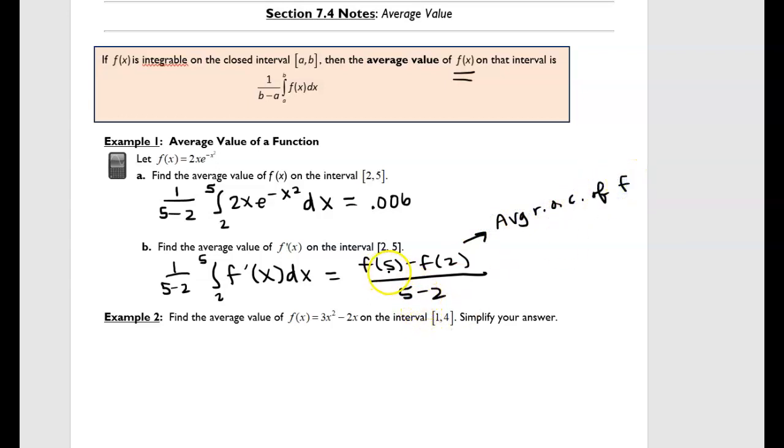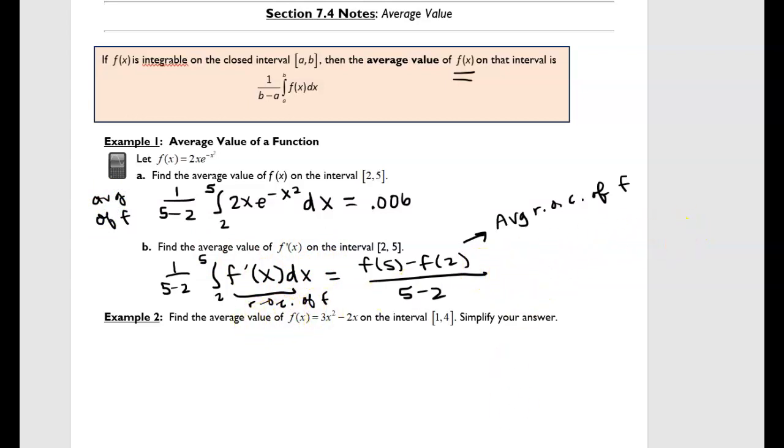If you remember that formula, f of b minus f of a over b minus a. And that's because f prime is the rate of change of f. And so we're doing the average of that. In a, this was the average of f. Here, this is the average of f prime, or the average rate of change of f.